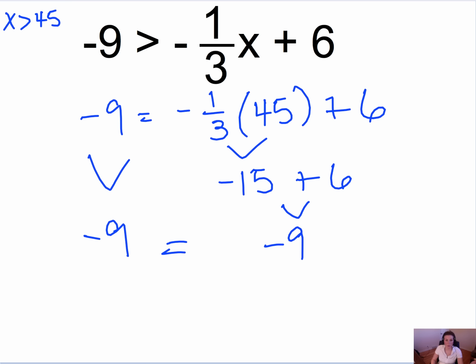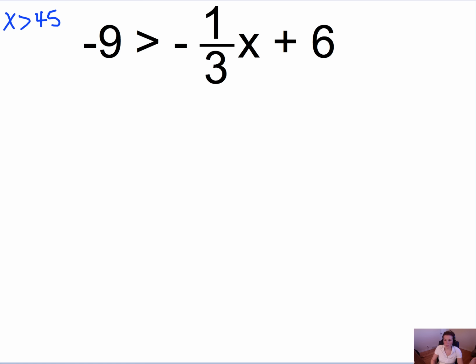Now we want to check the inequality sign. So I'm going to replace x this time with a number that's greater than 45: 46, 47, 48. I'm actually going to pick 48 because it's divisible by 3, and we'll talk about divisibility rules next week, and I'll show you how I knew that so fast.